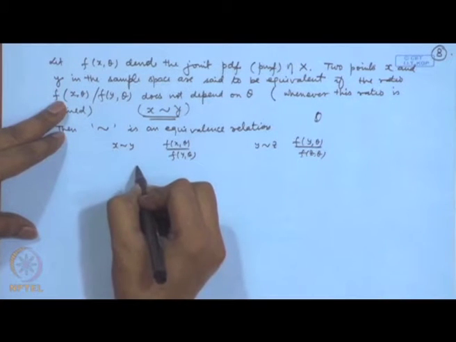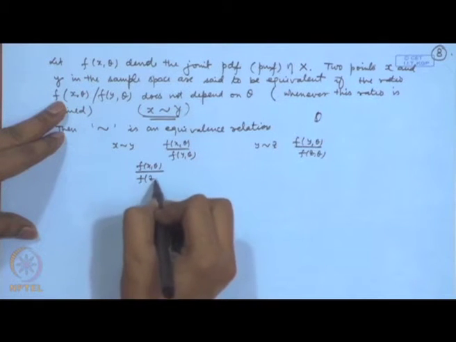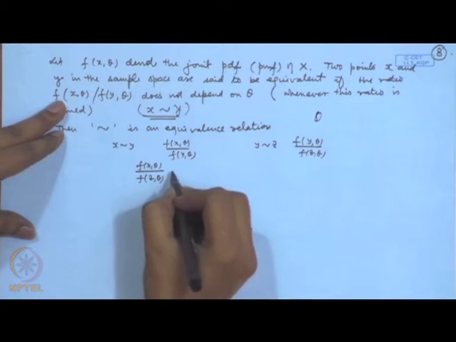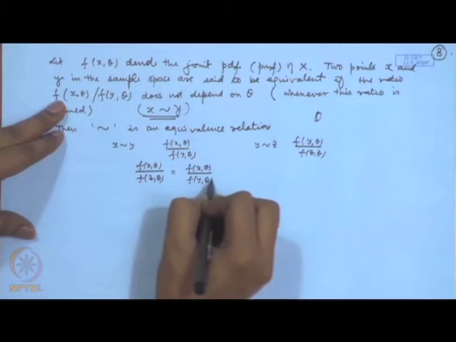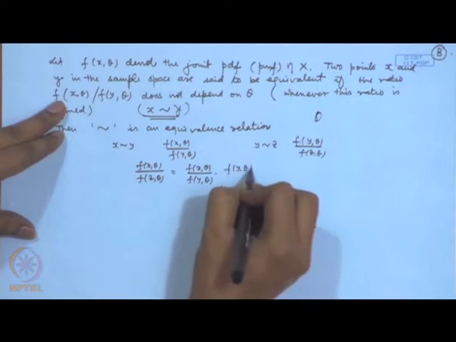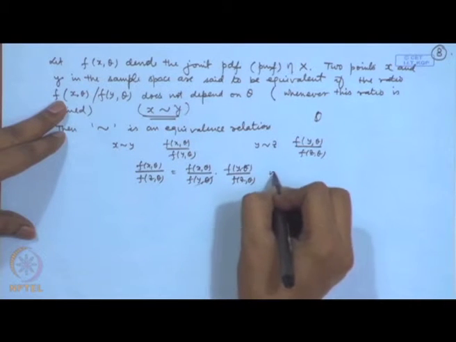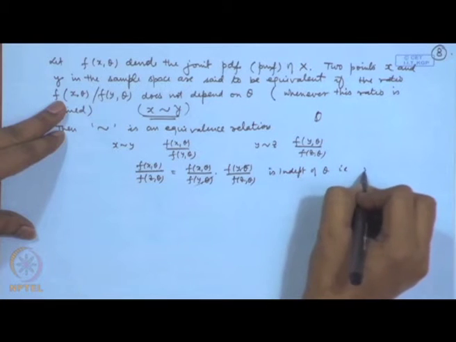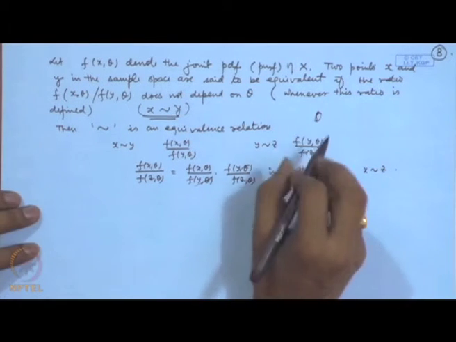So, if I consider f(x, theta) by f(z, theta), then that is equal to the product of these two terms. So, that is also free from theta, that is we can say x is equivalent to z. So, the relation is also transitive.